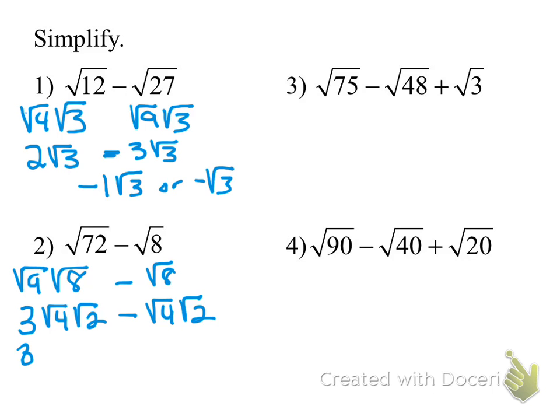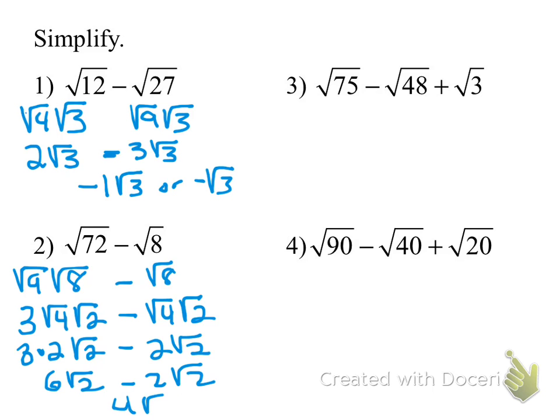Now I have 3 times 2 radical 2 minus 2 radical 2. And so this makes 6 radical 2 minus 2 radical 2, and it's 4 radical 2. So that works too. I just choose the bigger square root. So do you always use the bigger one? It helps. It's less steps.